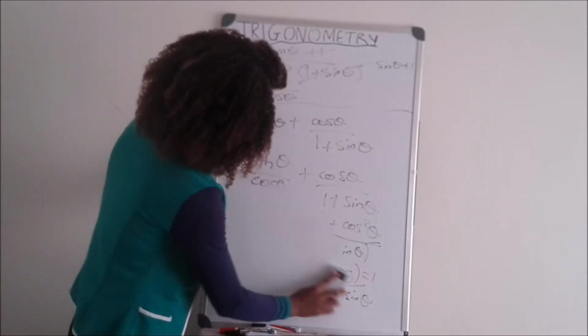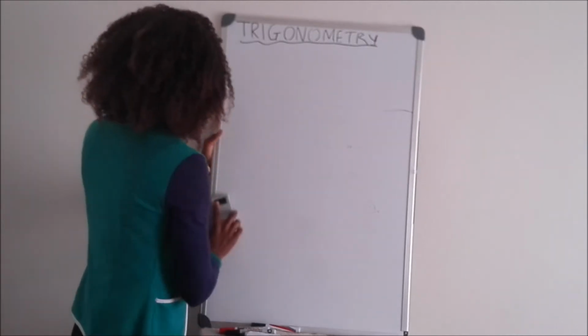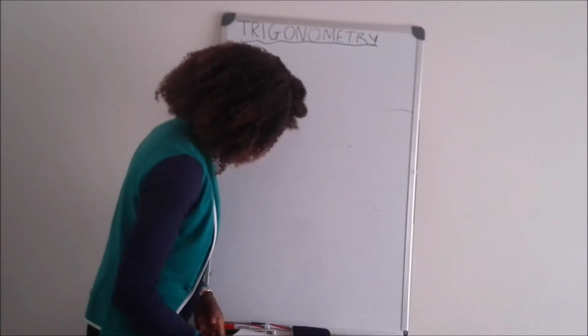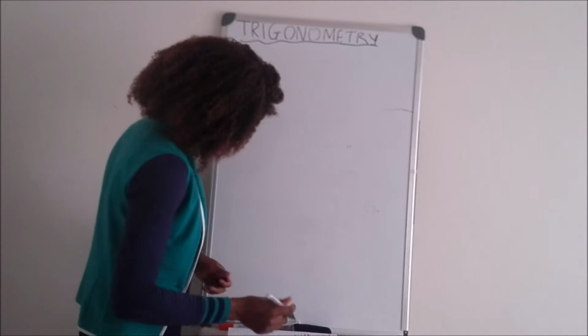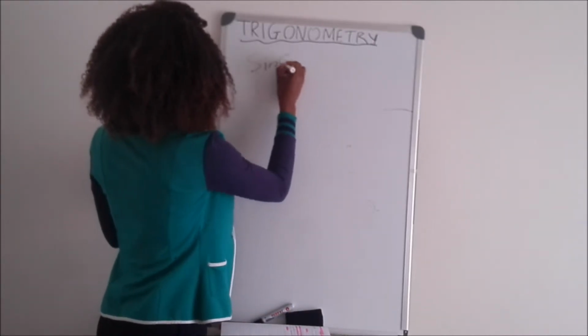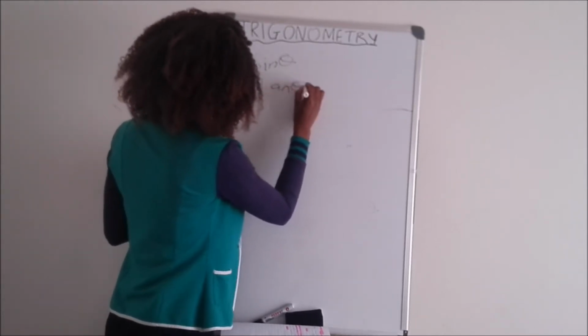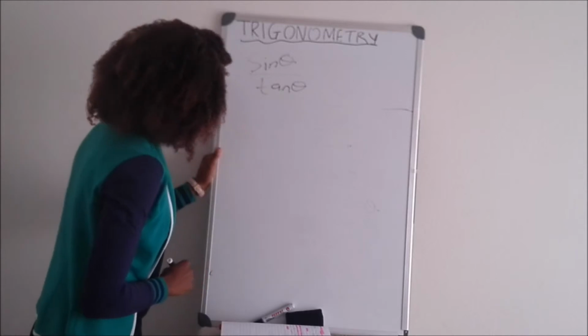Okay, then let's do the second example. I hope you guys understood this example. Second example: it says express sine theta divided by tan theta as a single trigonometric ratio.